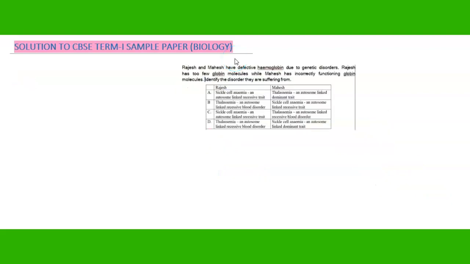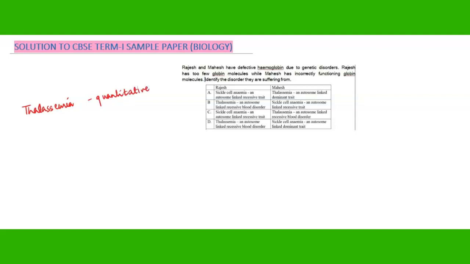Next question which I have picked for you is, Rajesh and Mahesh have defective hemoglobin due to genetic disorders. Rajesh has too few globin molecules while Mahesh has incorrectly functioning globin molecules. Now before I come to see the options, one thing you have to remember, that thalassemia is a quantitative trait.